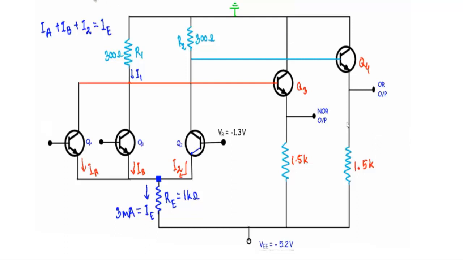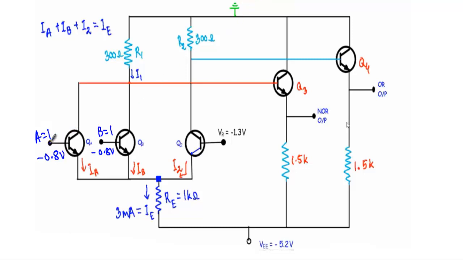Now let me talk about this case when our A will be at logic 1 and B will be at logic 1. That means I will apply minus 0.8 volt between this terminal to this terminal and minus 0.8 volt between this terminal to this terminal.